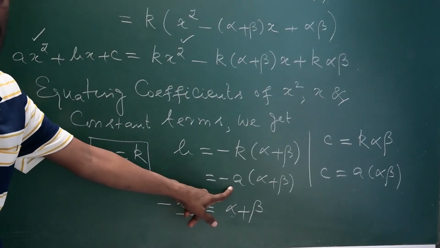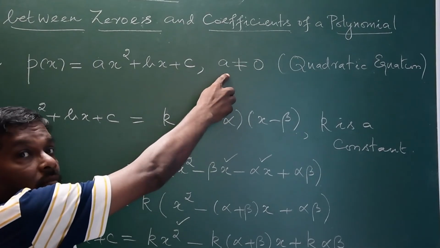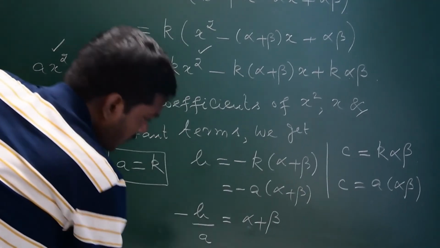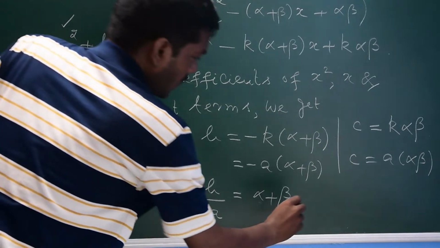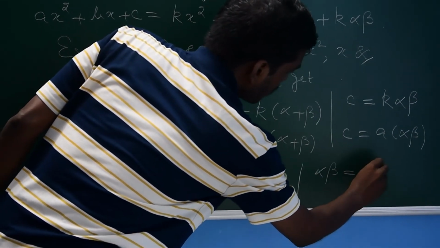Division by a is allowed because a is not equal to 0. So minus b by a, and from here alpha beta is equal to c by a.